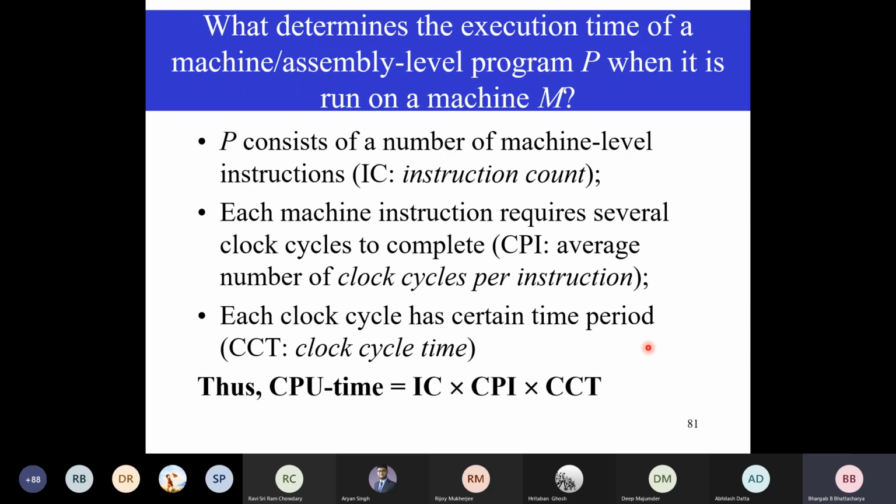So you have this fundamental equation, and this course will revolve around this equation only. It's a very simple equation. CPU time is equal to instruction count times the average number of clock cycles per instruction times clock cycle time.